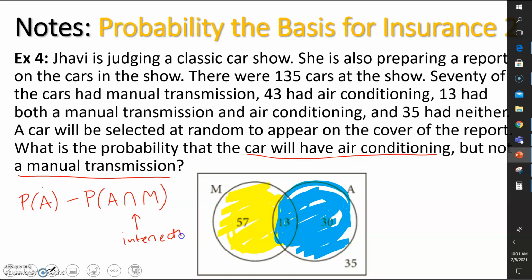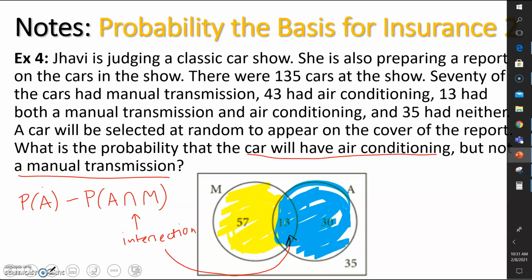Intersection in probability just means the place where both the manual and the air conditioning join together, okay? And that's going to be this here, this 13. So we're going to take the probability of having an air-conditioned car, and then remove the probability that occurs at that intersection, okay?